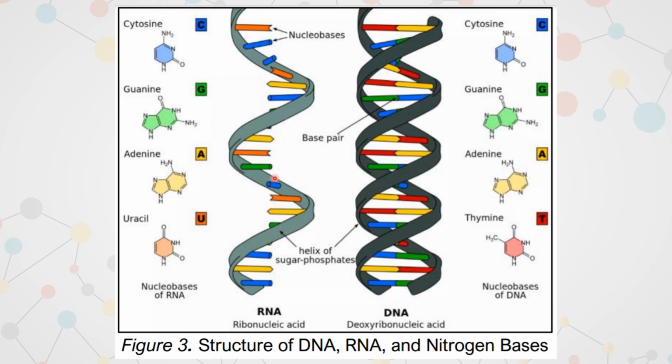Tapos meron siya mga nitrogenous bases. The nitrogenous bases of an RNA are cytosine, guanine, adenine, and uracil. On the other hand, sa DNA naman, since double-stranded siya, dalawang strand, no? Kaya siya naging dalawa kasi nagpares yung kanyang mga nitrogenous bases. The nitrogenous bases of the DNA are cytosine, guanine, adenine, and thymine.